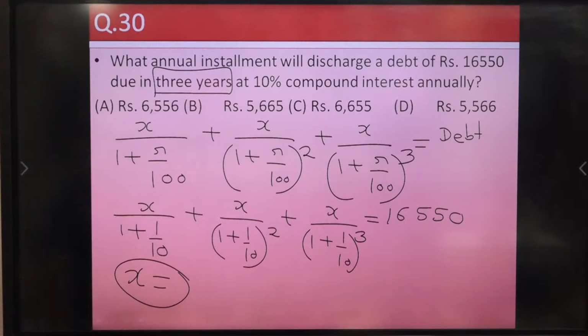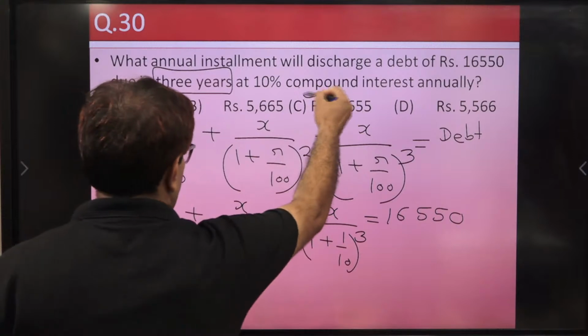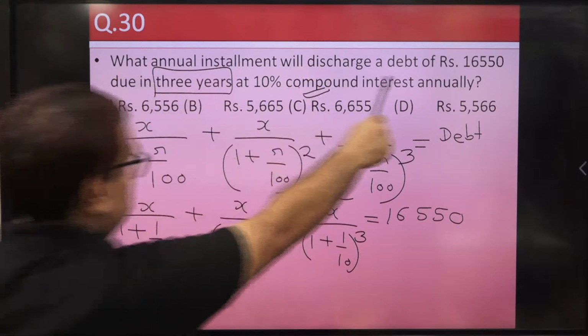So you have to solve it yourself by taking the LCM, and anyone who can solve this right now can write the answer in the chat box. You will get the answer as option number C. Please, I am again telling you, in this problem only these things will change.